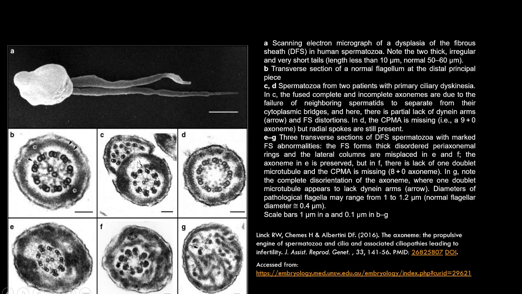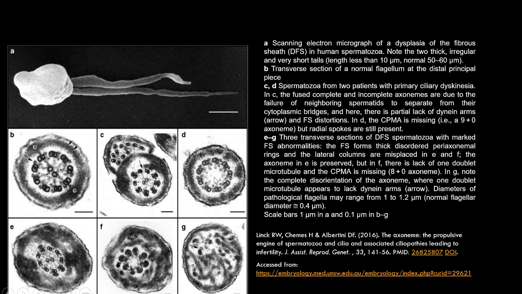The fused complete and incomplete axonemes are there because the neighboring spermatids did not separate, and there is also lack of some kind of dynein arms here, and there are distortions in the fibrous layer also.